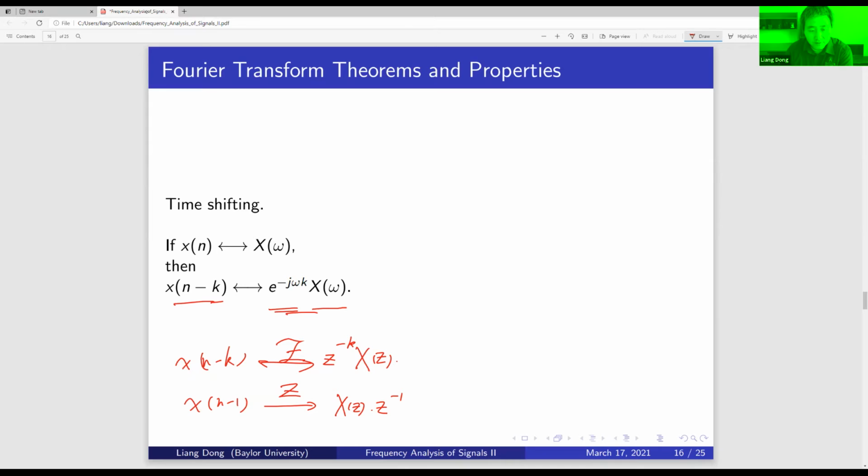Now, if you look at these two items, that and that, so e to the power negative j omega k equals to this. Therefore, z is what? z is e to the power j omega.